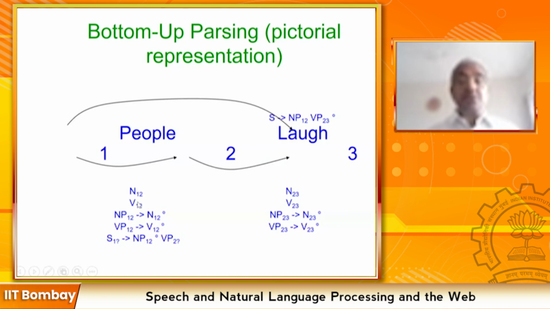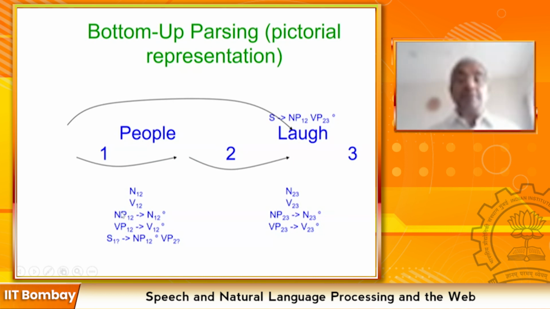Now noun phrase goes to N. Here you see, since I have found N, I can indicate this in the rule NP goes to N. So between 1 and 2 I have found N, and that work is over. The handle moves from left of N to right of N. And I have found a noun phrase between 1 and 2 because there is nothing after the handle.